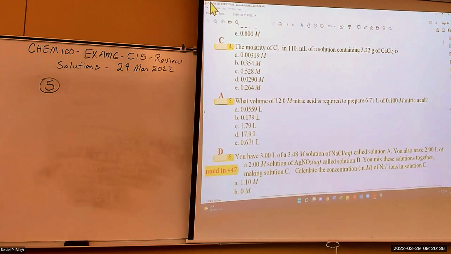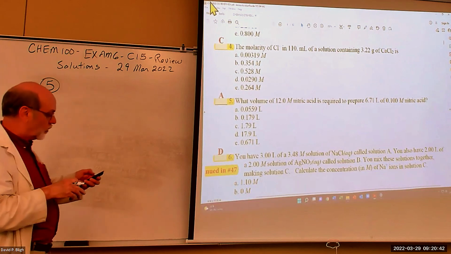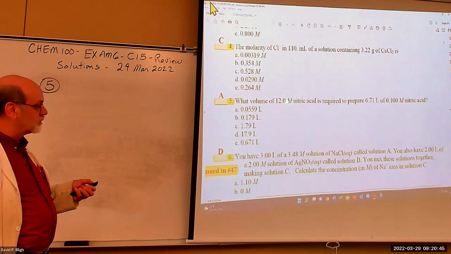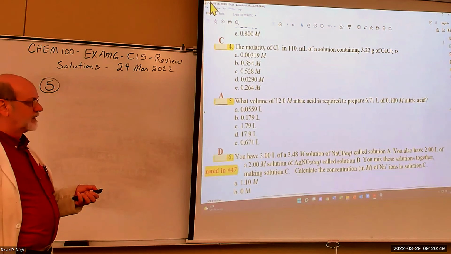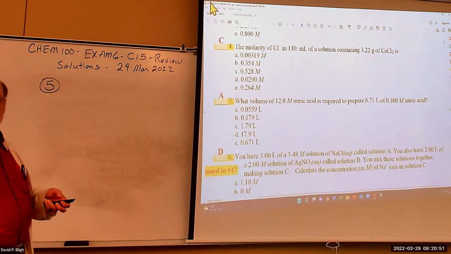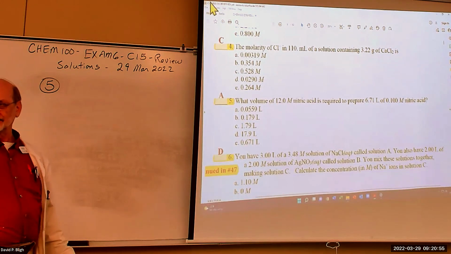So I think we're in a dilution situation, which means if we're talking molarity only, it just says molar first here, concentrated molar, dilute molar. We don't have to think about how many hydrogens each molecule produces.